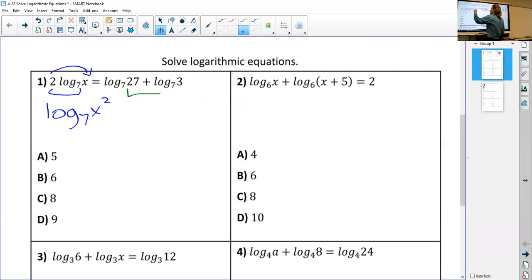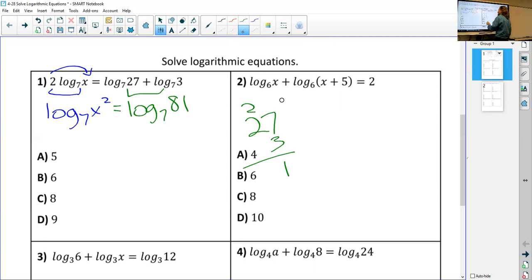And on the right-hand side, we have 2 logs being added together. So that's our product rule. So this is log base 7 of 27 times 3. And 27 times 3 is, is it 81? Wait, I don't know what 27 times 3 is. 1, 2, that is 81. Okay, 81. Okay.